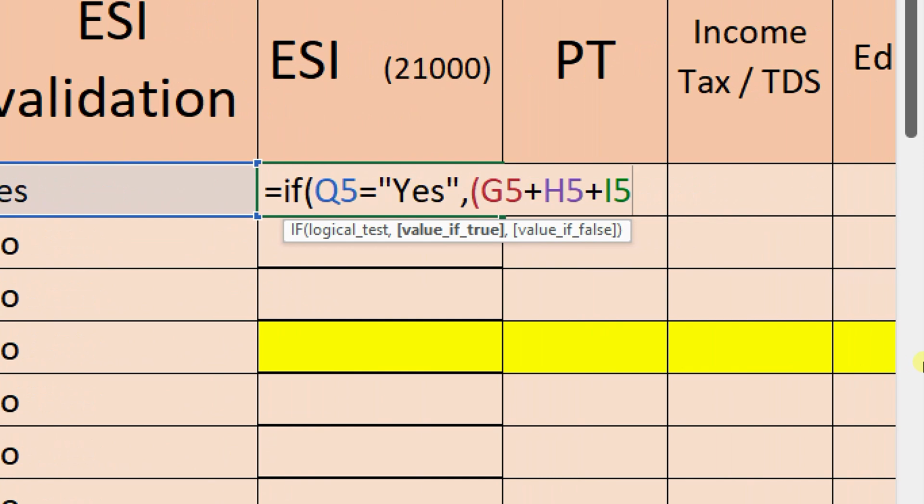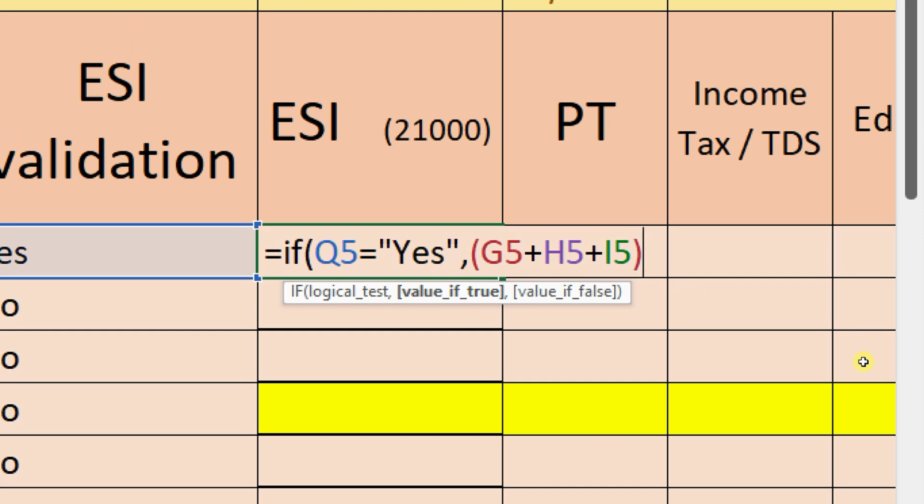If Q5 equals yes, basic plus DA plus HRA, if yes then add it, otherwise 0, close bracket, into 0.75 by 100. This is the true statement. What is the false statement?